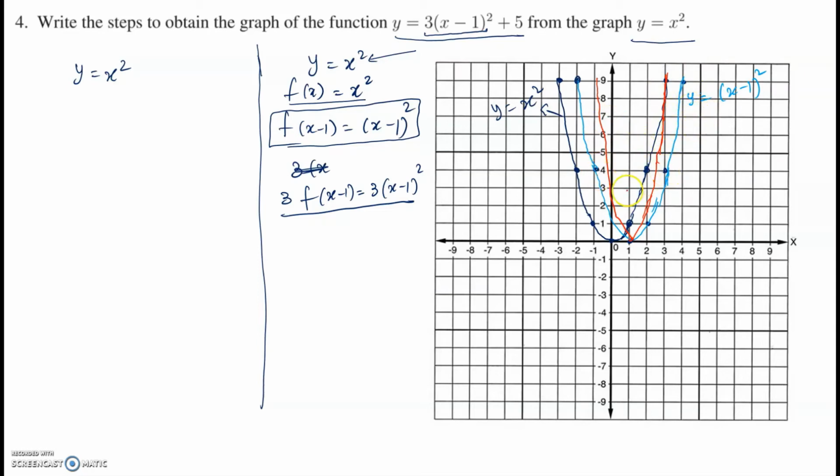Something like this, it will look compressed. So this is our new y is equal to 3 times x minus 1 the whole squared.